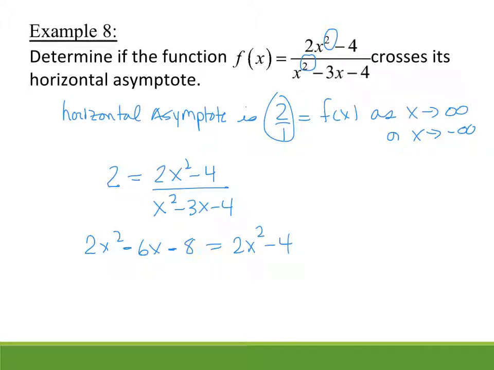Those 2x squared terms cancel, and we get negative 6x is equal to, when we bring the 8 over, a 4. So x is equal to negative 4/6, or negative 2/3. So it will cross at y equals 2 at x equals negative 2/3. So yes, it does cross its horizontal asymptote.